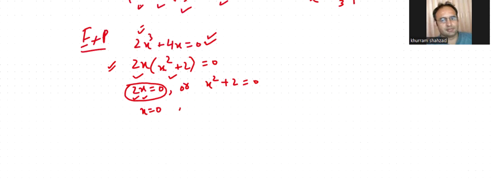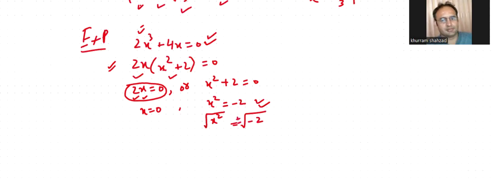So what will we do here? x squared is equal to -2. If you try to solve this equation further, it is common practice that if we have to remove the square, then we take the square root on both sides. So this is the square root of -2. You can also write the plus or minus sign.